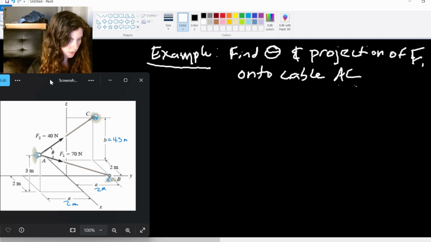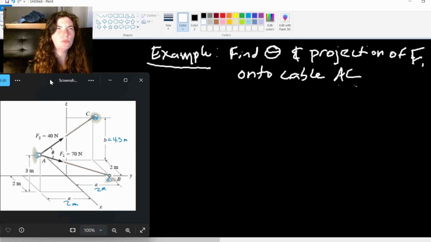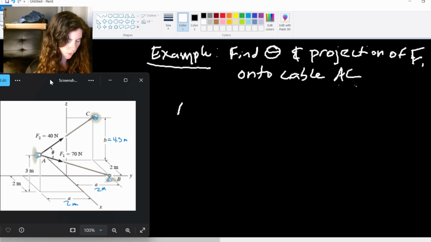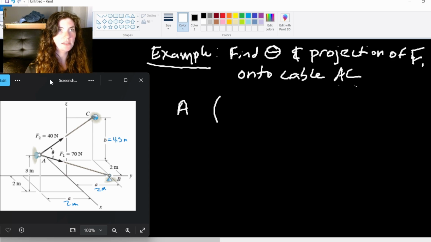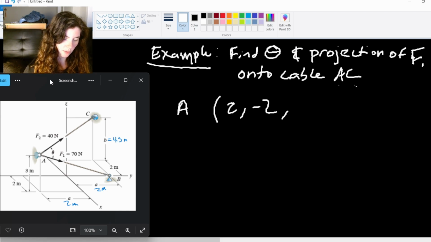Okay, so for F1, we have these position vectors. Before we get into F1, let's write out all of our points, just to make sure we're on the same page with those. So our point A is located at an X value of 2. It's coming 2 out of the page with us. A Y value of -2, right? It's 2, but in the negative Y direction. Then a positive Z value of 3.